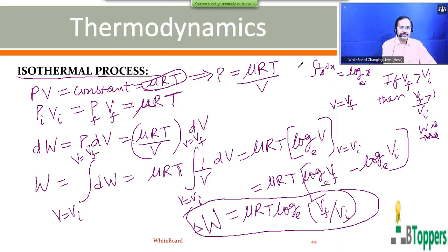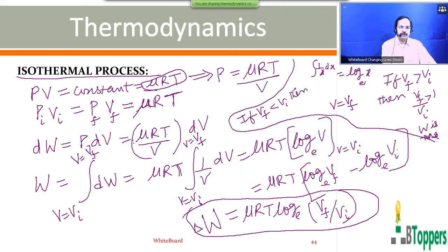During the compression of the gas, the final volume is less than the initial volume, and the ratio of the final volume to the initial volume will be less than 1. The logarithm of a number less than 1 is negative. In that case, the work done by the gas during the isothermal process is negative. That means when the gas is compressed, work done by the gas will be negative. In some of the numerical problems, instead of the temperature of the gas, you may be given the pressure and volume in the initial state. The nu RT can also be written as PiVi.